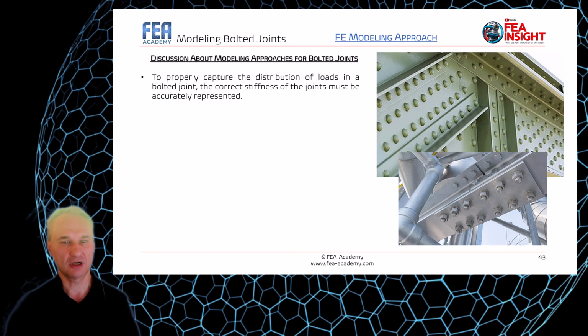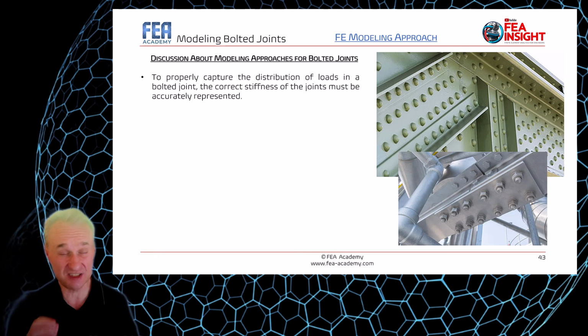So here, to conclude the presentation of the modeling approaches for the bolted joints, I want to discuss a few points. To properly capture the distribution of loads in a bolted joint, the correct stiffness of the joints must be accurately represented.